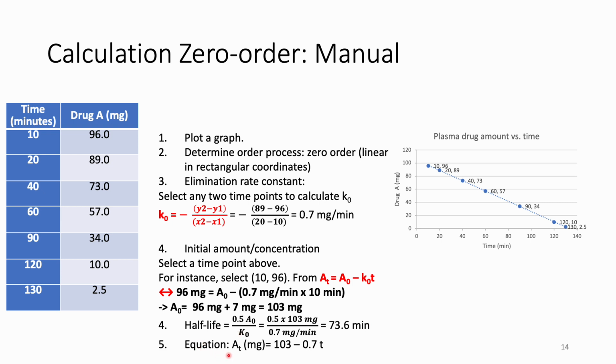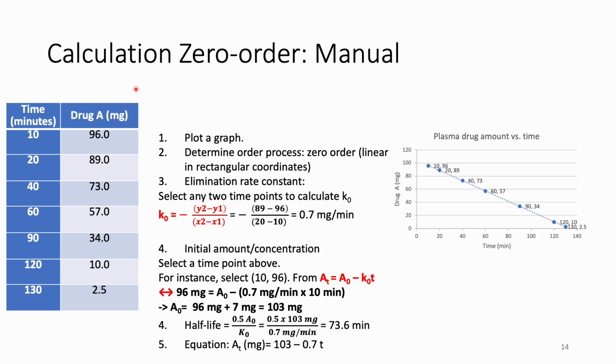Then I establish the equation in case I want to predict the amount of drug at any time t. I just follow here, 103 minus 0.7 t. So for any t, I can calculate the associated amount of drug at that time.